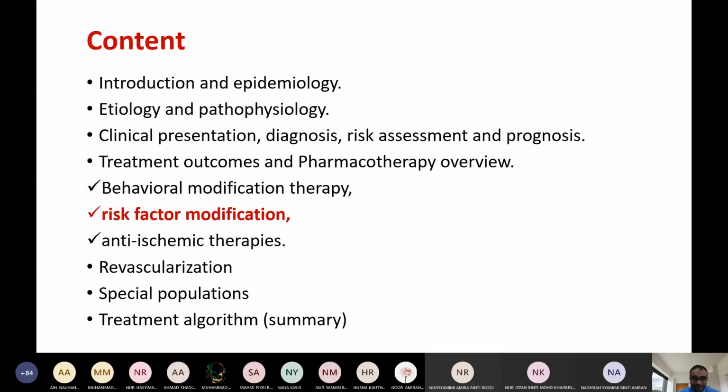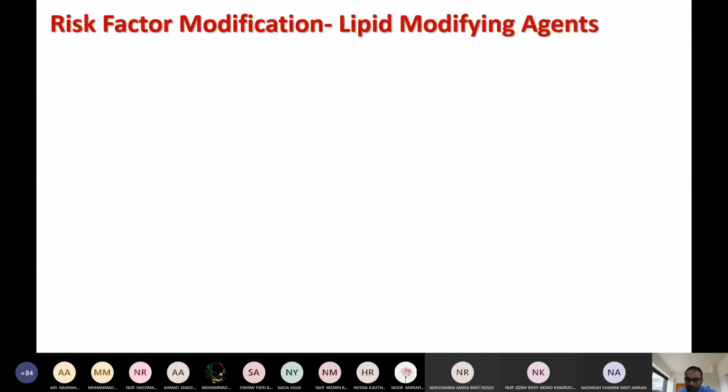Okay, so next under the treatment we have what we call risk factor modification. You remember the treatment that we call vasculoprotective pharmacotherapy, the one that aims to prevent cardiovascular events from happening. For this risk factor modification, we have so many agents.